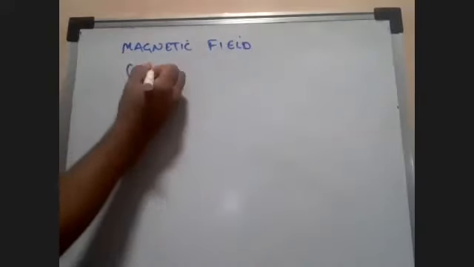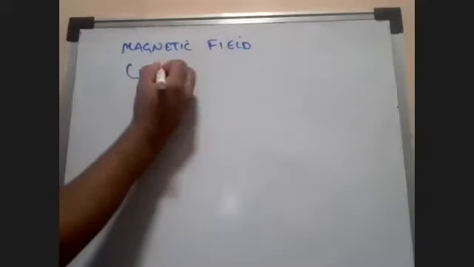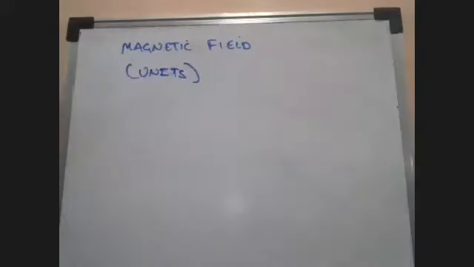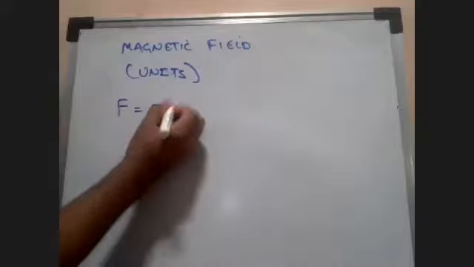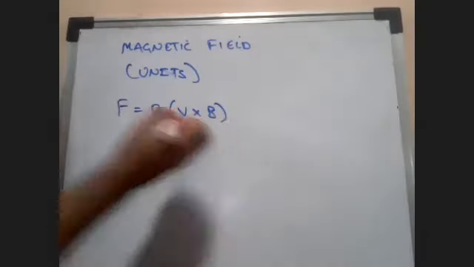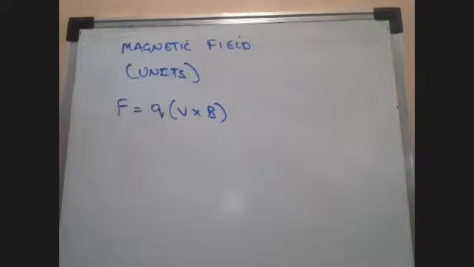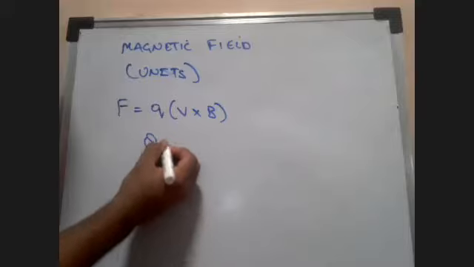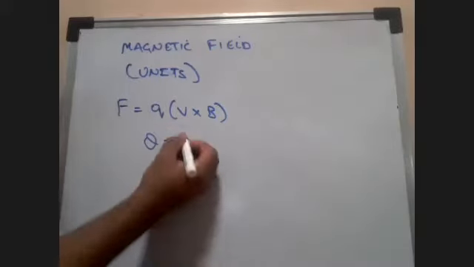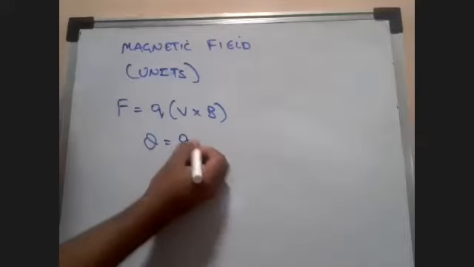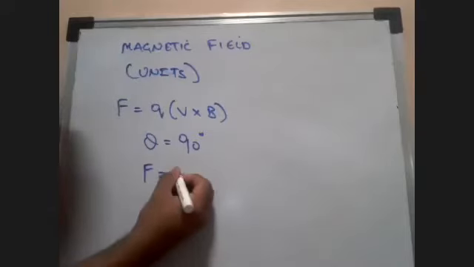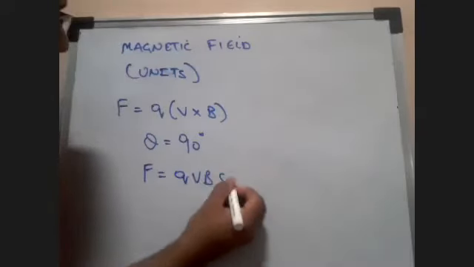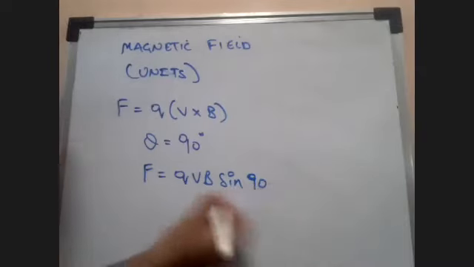Okay, we are talking about units now. In this case, we know that F is equal to Q V cross B. Suppose V and B are perpendicular, then the angle between them is 90 degrees. So F is equal to Q V B sine 90, and sine 90 is 1.